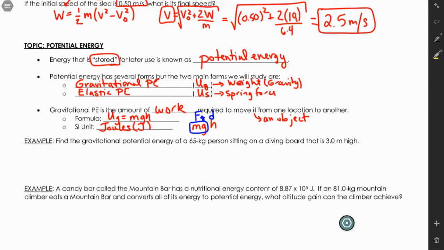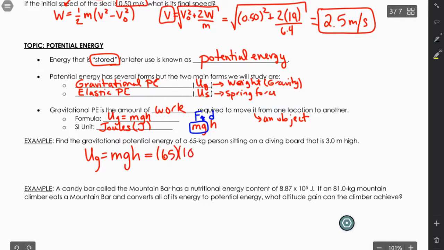Here you have: find the gravitational potential energy of a 65 kilogram person sitting on a diving board that is 3 meters high. All we're going to do is plug in our values. U sub G equals mgh. So we're going to use 65, we'll use 10 for g for simplicity, times 3.